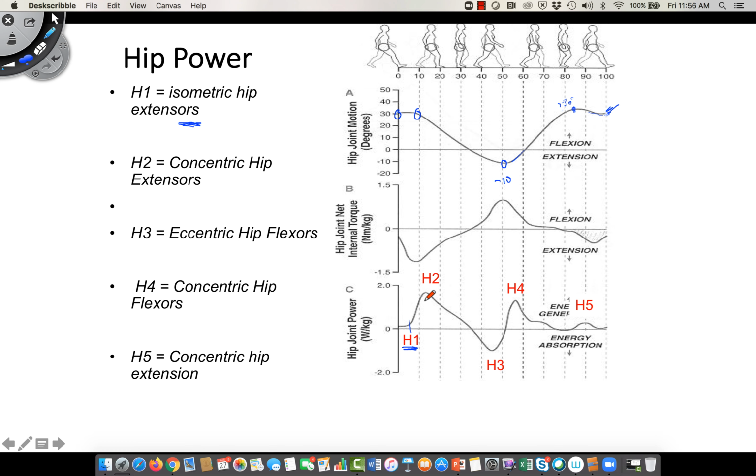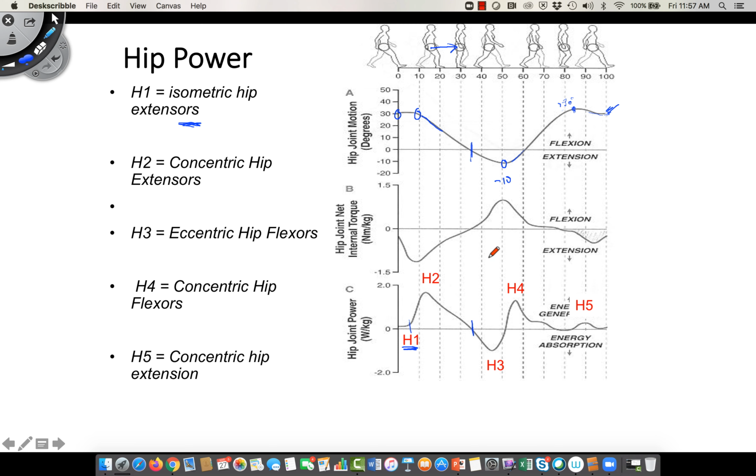And that's followed by a fairly large, 2 watts per kilogram, significant concentric power that goes until about 35% of stance, so throughout mid stance and into the early part of terminal stance, to rotate the femur to a vertical position and progress the trunk forward.